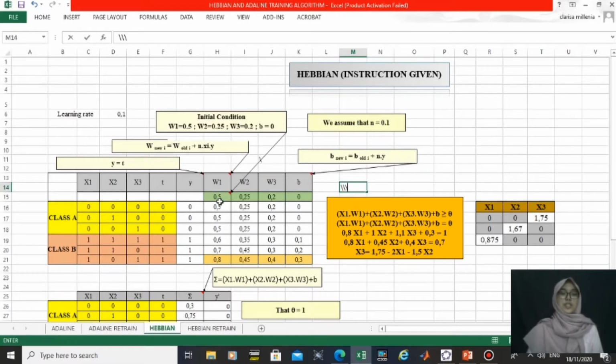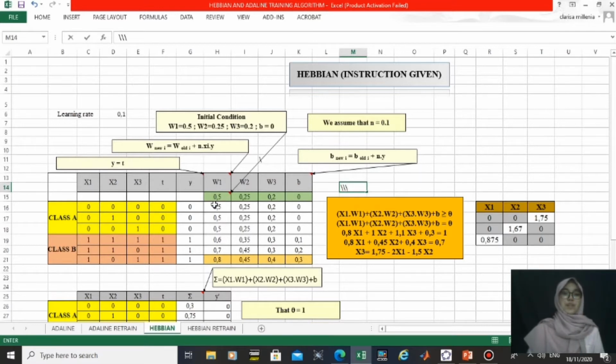So this is the initial condition of w1, w2, and w3 and bias. In this case, the initial w1 is 0.5, w2 is 0.25, and w3 is 0.2, and bias is 0.